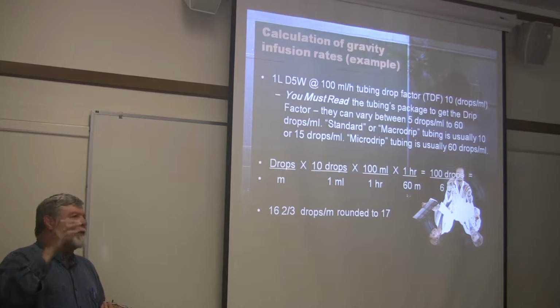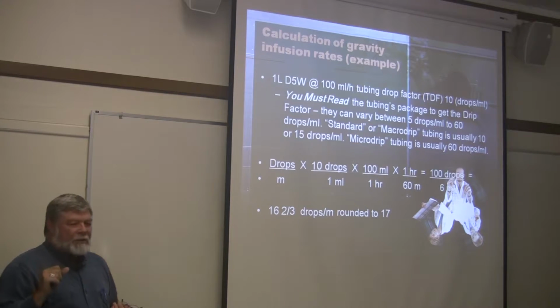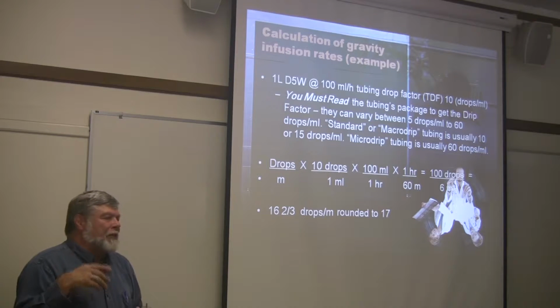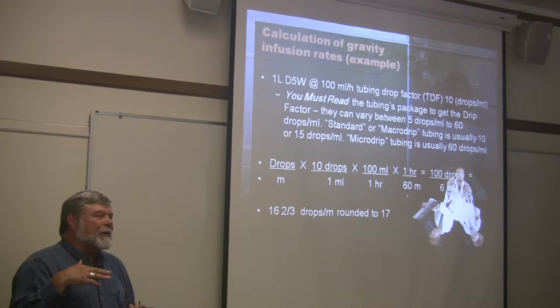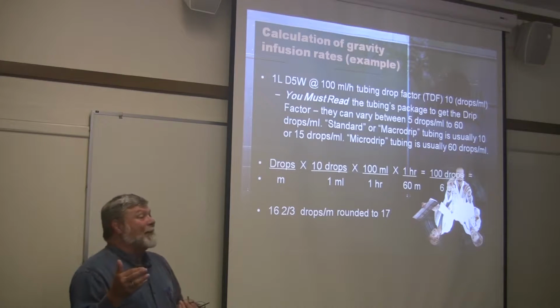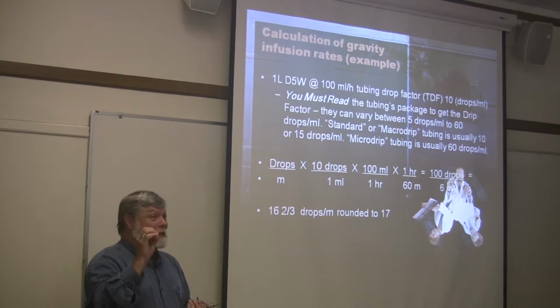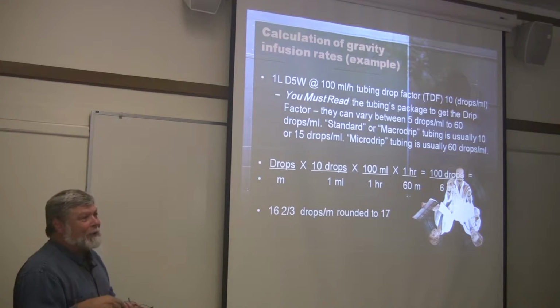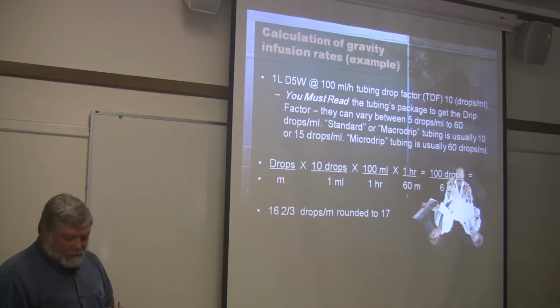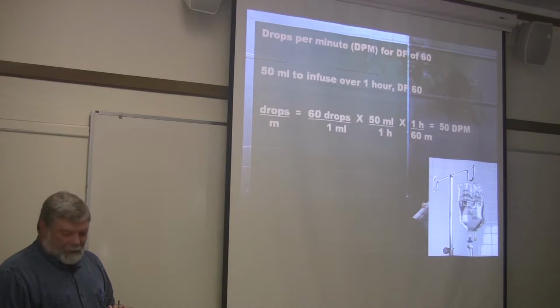So you can pretty finely tune how much they're getting. Normal tubing is anywhere between 10 and 20. Frequently, it's 15 or 20 drops per ml. I've seen it as big a drop where it's 5 drops per ml. Anyway, you have to read the package. You have to know that. If you don't know that, you don't know Jack, as the saying goes.